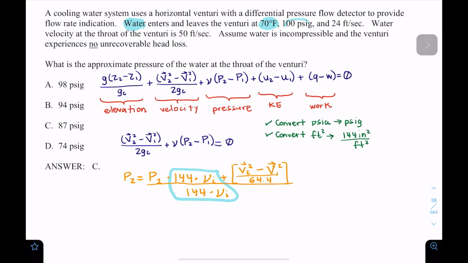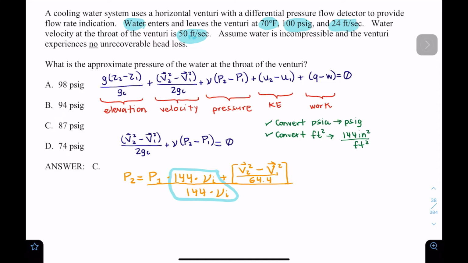It is giving us the initial pressure, and it's giving us the initial velocity, right? So that's something that we're going to use to solve this problem. What's next? The water velocity at the throat of the Venturi is going to be 50 feet per second.